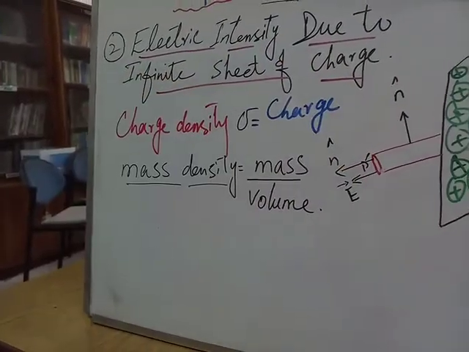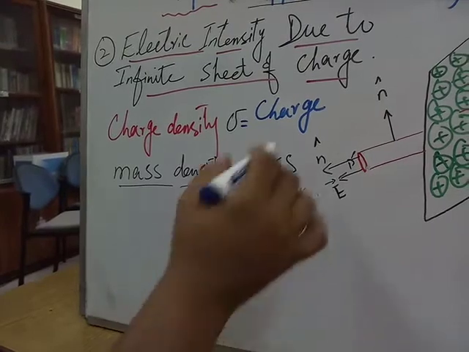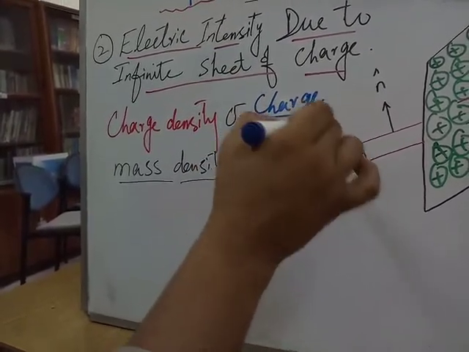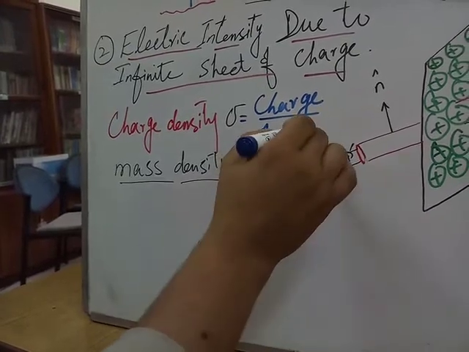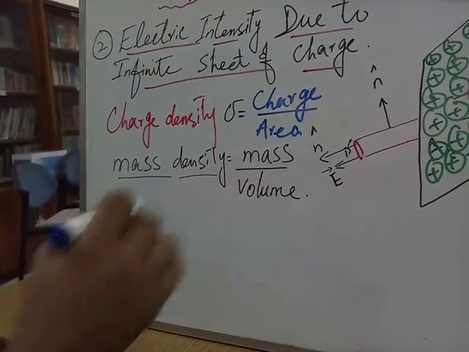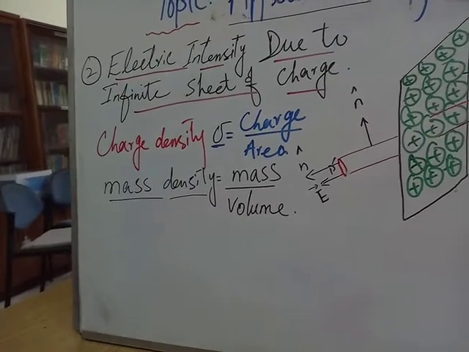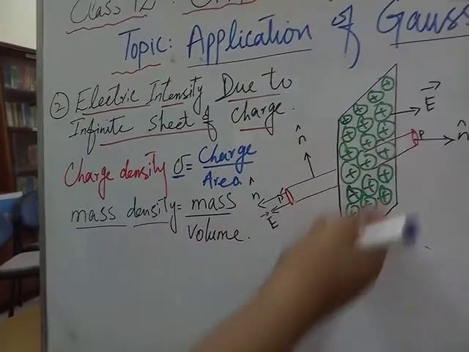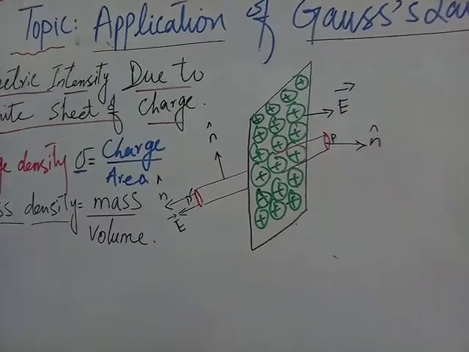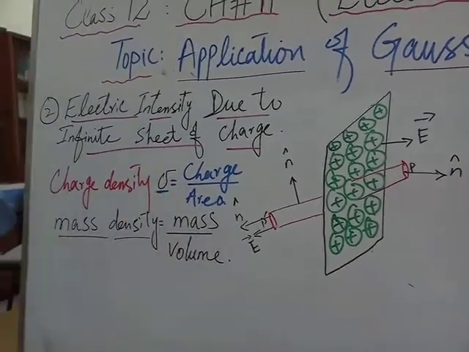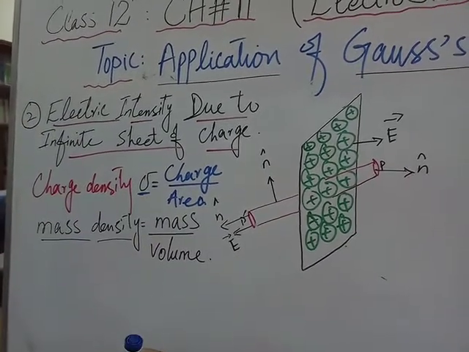It means a charge divided by its area, because it's two-dimensional. So this is called the charge density. Let me start again. Consider an infinite sheet of charges with surface charge density sigma.